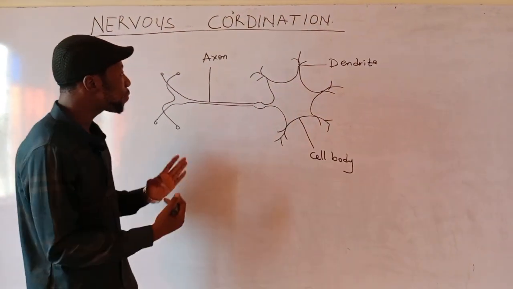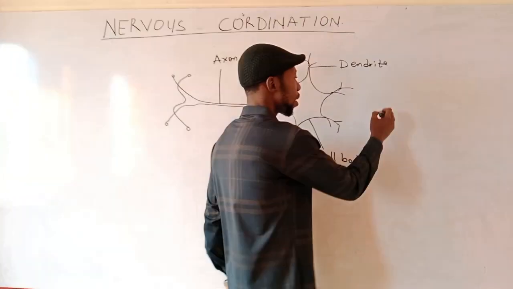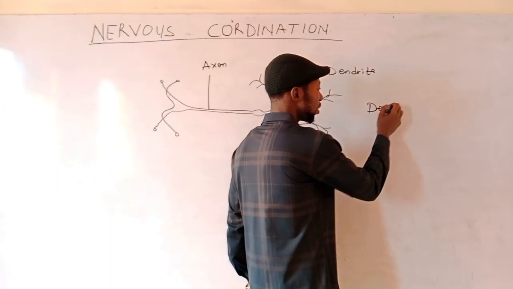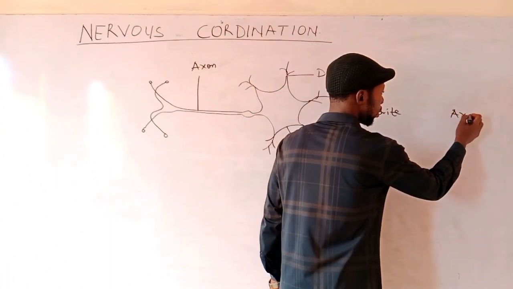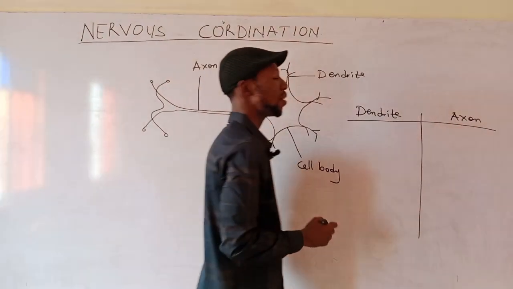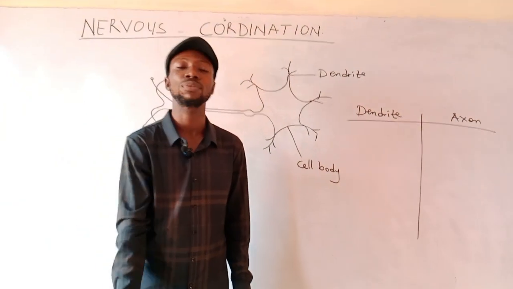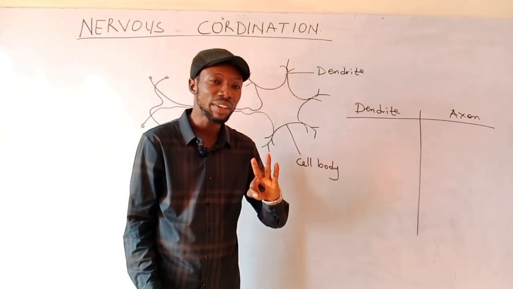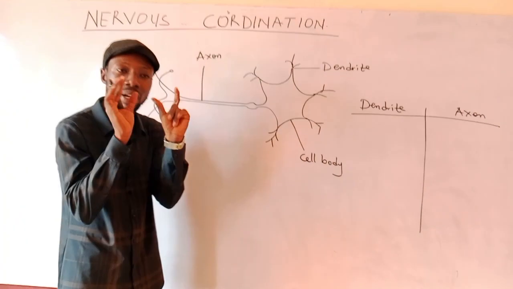We're going to look at the difference between the dendrites and axon. Here we have dendrites, here we have axon. We are going to list three differences, but two differences are from what you can picture.